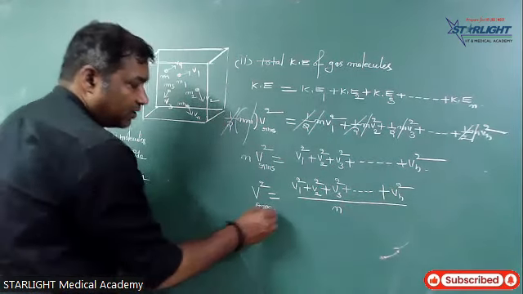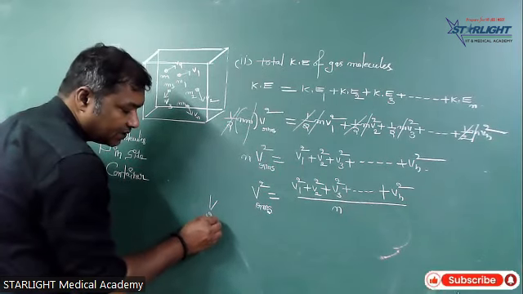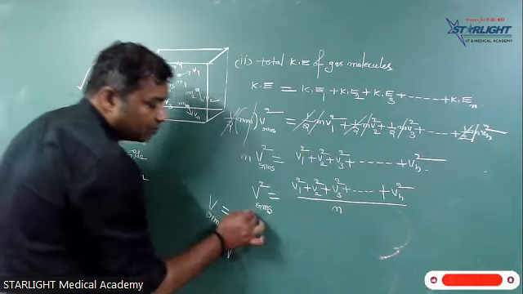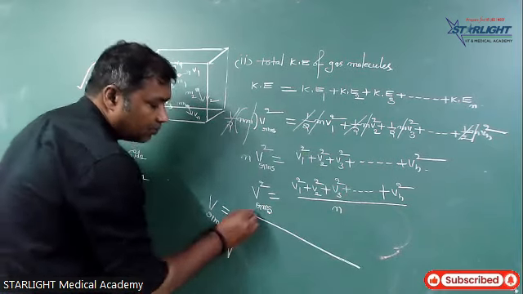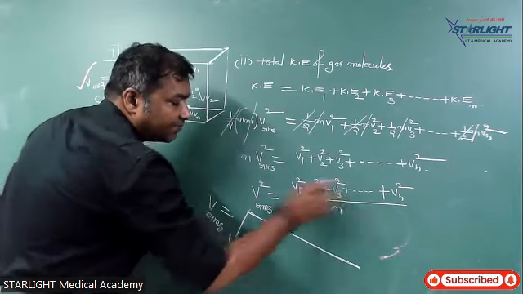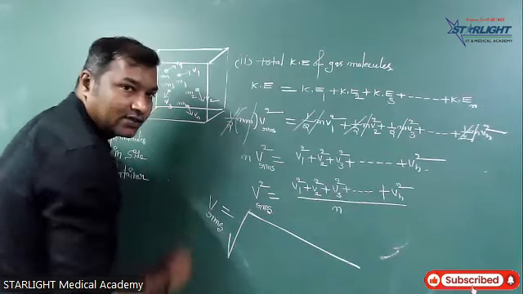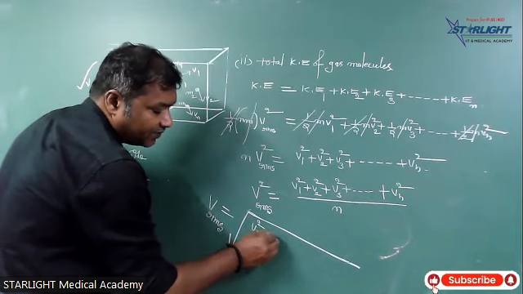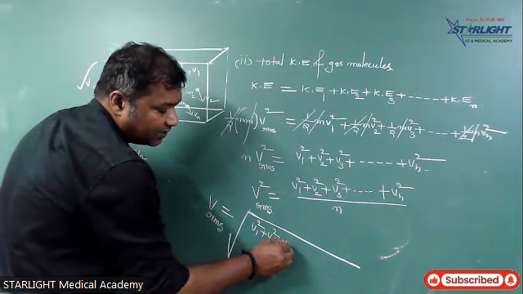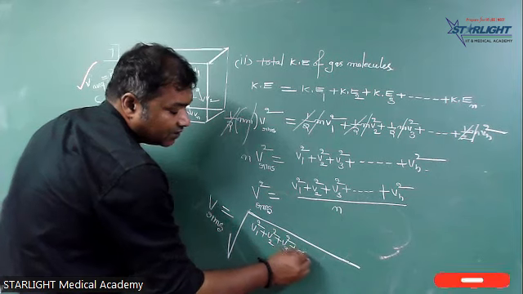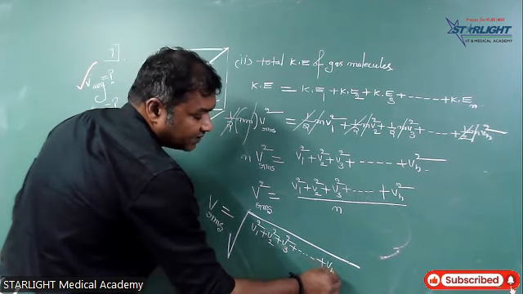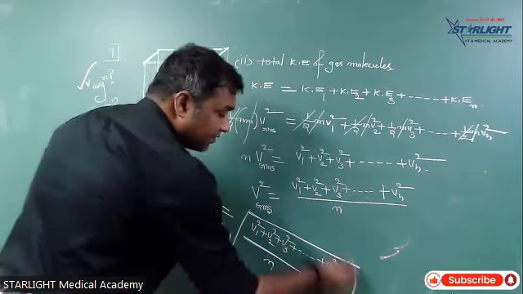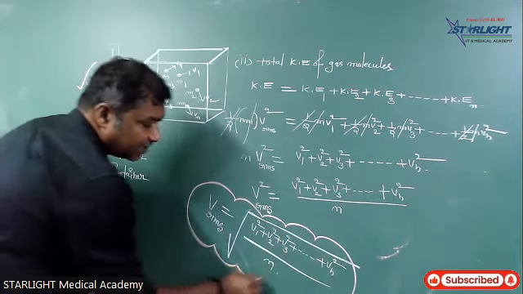Finally, what is the formula for vrms? vrms is the square root of v1 square plus v2 square plus v3 square, and so on, plus vn square, upon n. So this is the RMS velocity of gas molecules inside this container.